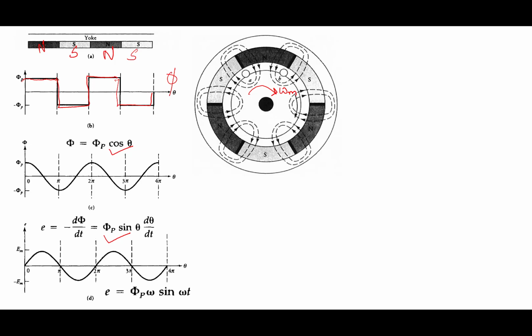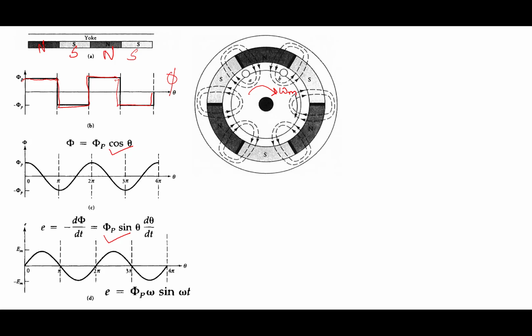The speed at which the rotor is rotating is the mechanical speed, or we can say mechanical frequency, but the frequency of the EMF generated is completely different. It will be the electrical frequency. If you know both the electrical frequency and the mechanical frequency, then we can easily relate them.